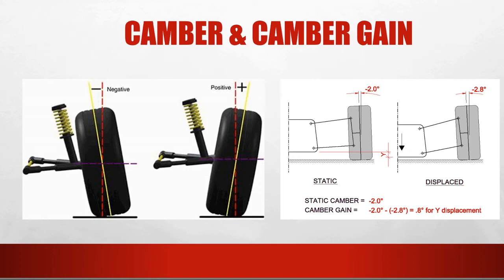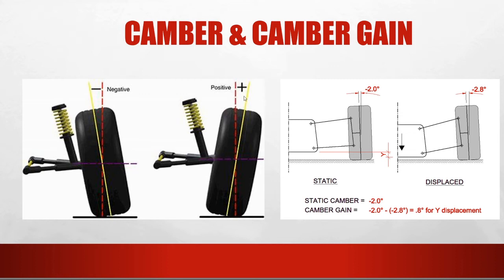Let's discuss camber in detail. So we have camber and camber gain. When the top end of the wheel axis is tilted towards the car, it's nothing but negative camber. So the top end of the wheel axis is tilted towards the car, and then we have negative camber, which is quite opposite to positive camber.